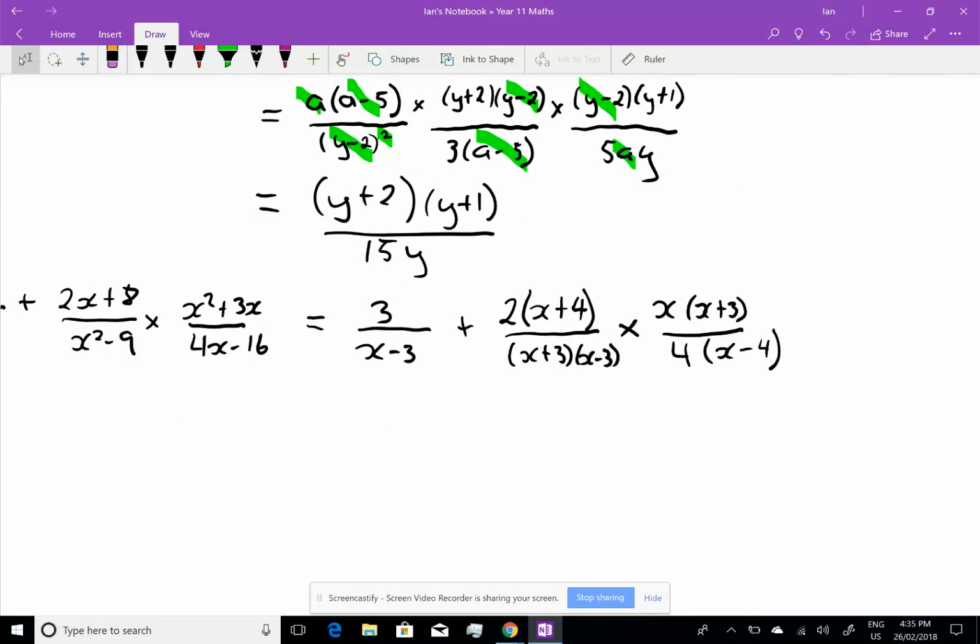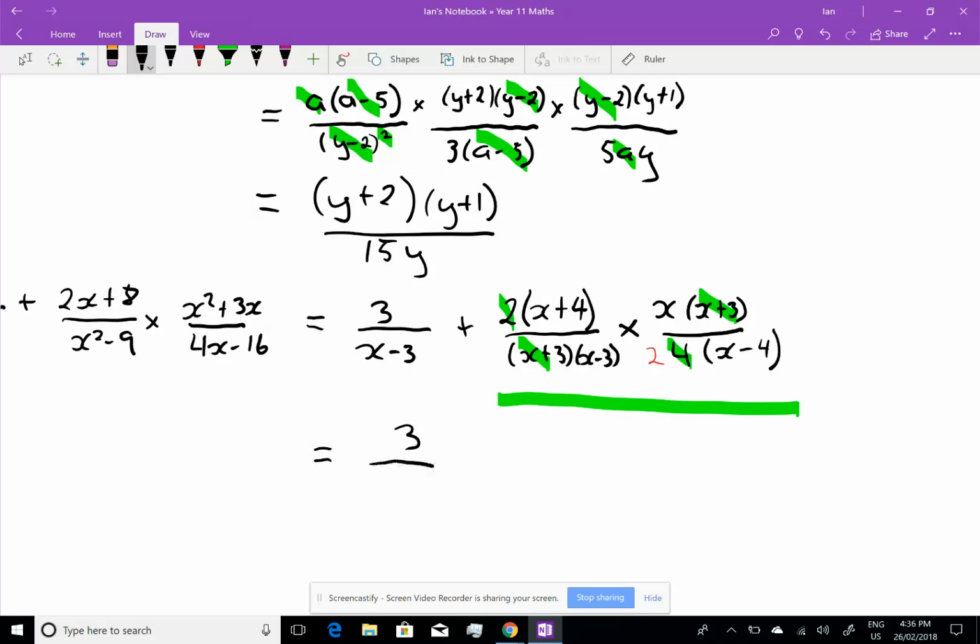Okay, so now I'm just looking at this part to see what can cancel. I get an x plus 3 cancels. The 2 goes into that, and I get 2. And that's about it. I was hoping the x minus 4 might cancel, but it doesn't. So here we go.